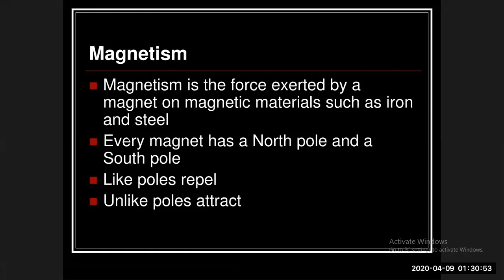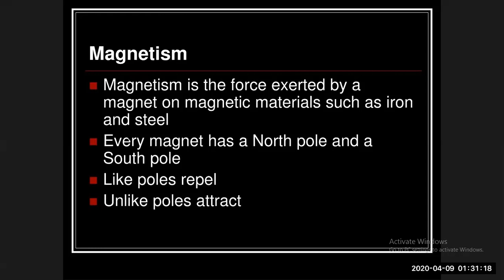And even one magnet can exert a force on another magnet. Magnetic force could be attractive or repulsive. As you see, when two magnets are brought closer without being in contact, they attract or repel. So that's why it is a non-contact force.